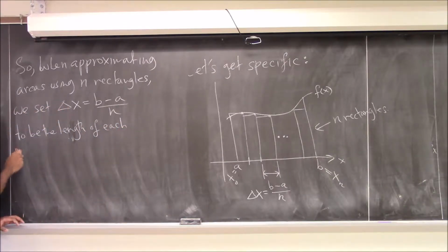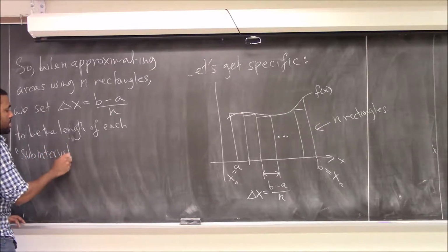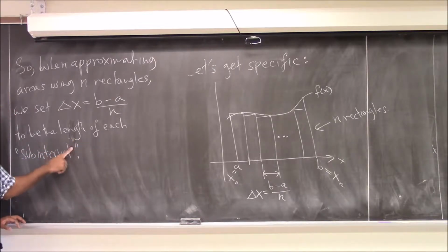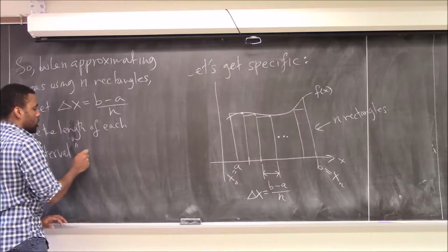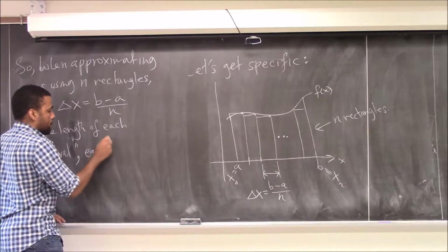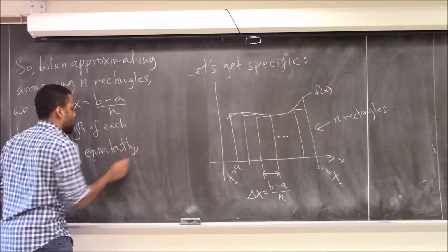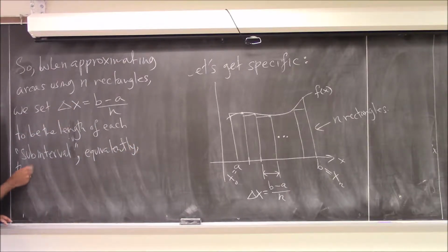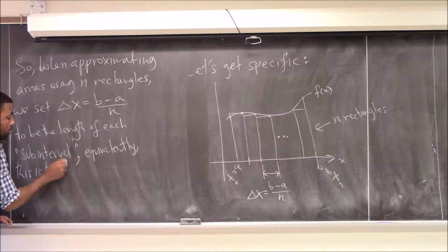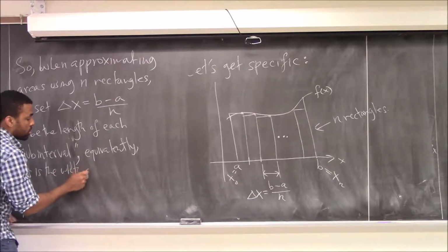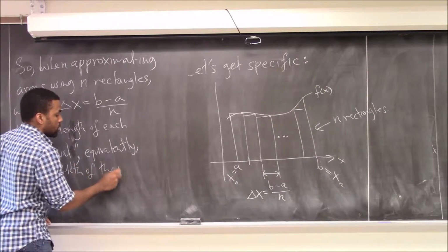We can call them subintervals. So I take the interval and I dice it into a bunch of subintervals. Equivalently, this is the width of the rectangles.